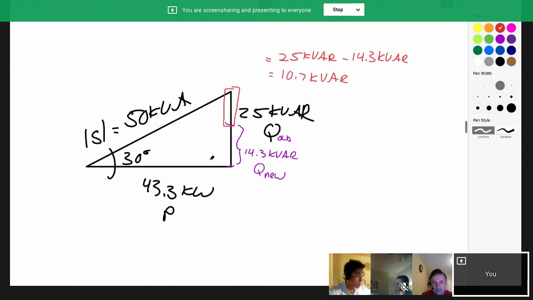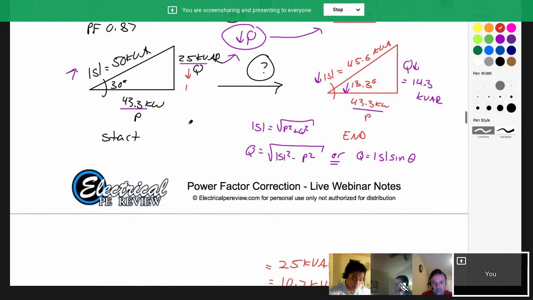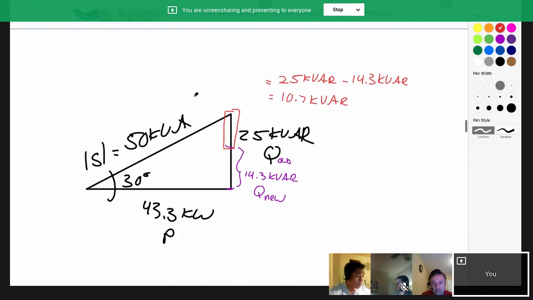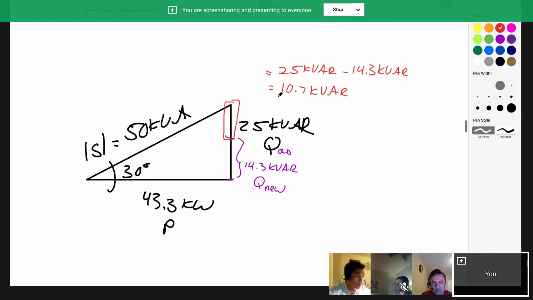Yep, 10.7. And here's an easy way to remember our units. Since we're decreasing our Q, from here to here is 25 kvar, we're going to reduce it by 10.7. So we know our polarity has to equal what? Negative, right? So I'm going to go ahead and make this a negative.